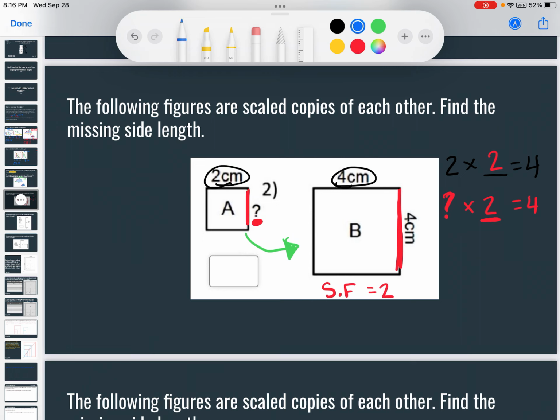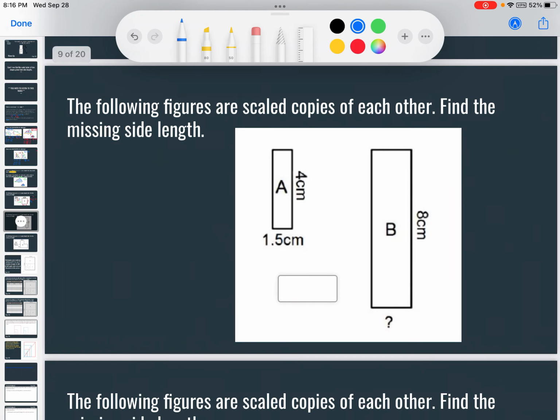And what number times 2 equals 4? Hopefully, again, that's an easy one for us. 2. 2 times 2 equals 4. So my question mark here equals 2. This was kind of an easy one because we had a square going on. But yeah, we figured out what our scale factor is, and we used it to find our missing side length.